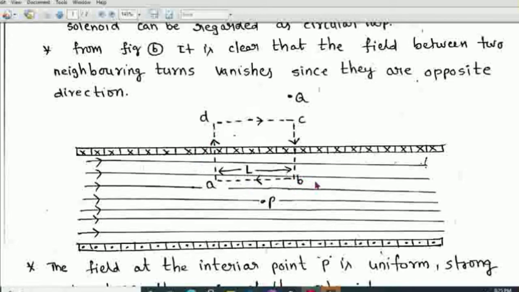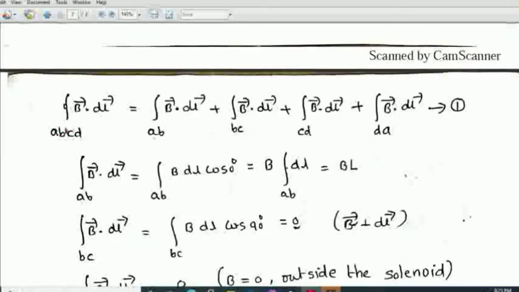Now we have to apply the line integral of B dot dl for all the elements AB, BC, CD and DA. The total line integral of the magnetic field across the curve ABCD is equal to the line integral across AB plus the line integral across BC plus the line integral across CD plus the line integral across DA.